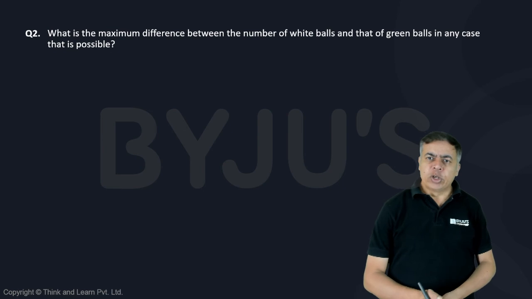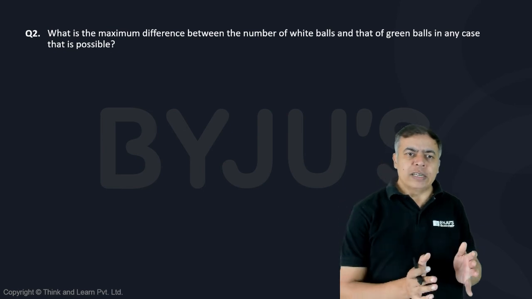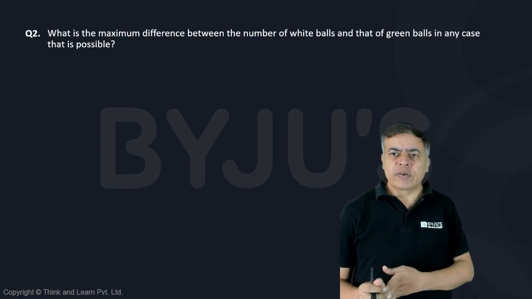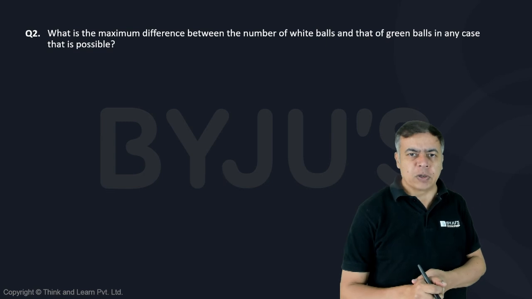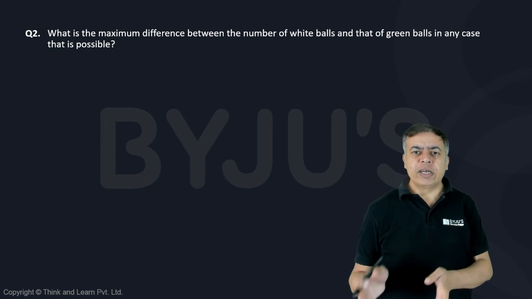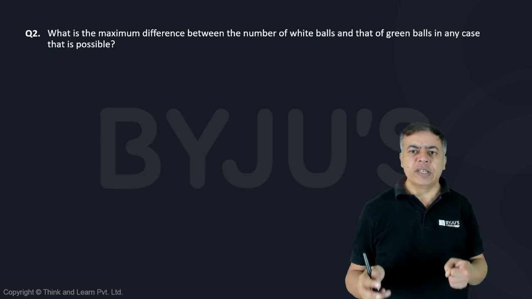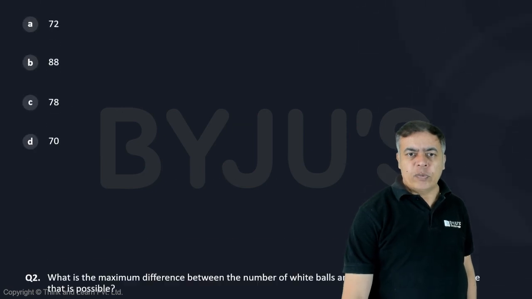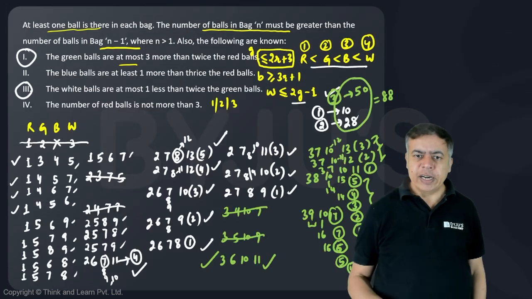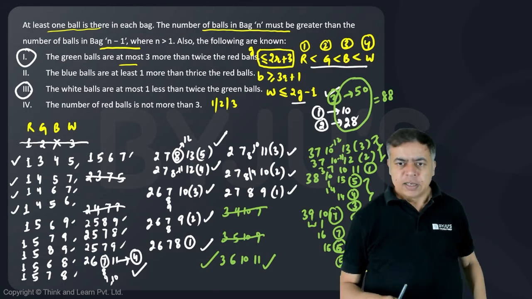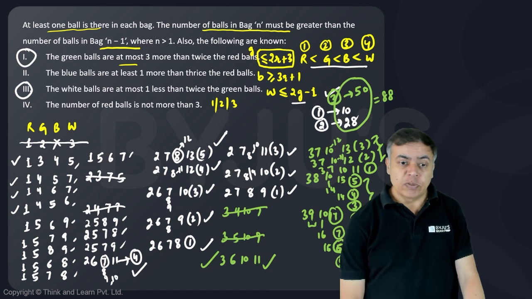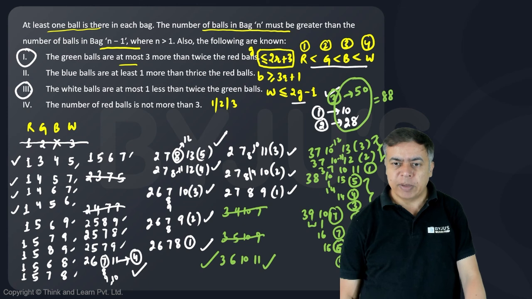Question number 2, we have already solved that set. What is the maximum difference between the number of white balls and that of green balls in any case that is possible? In any particular case, the difference of white and green should be maximum. Look at the part where the balls were maximum.